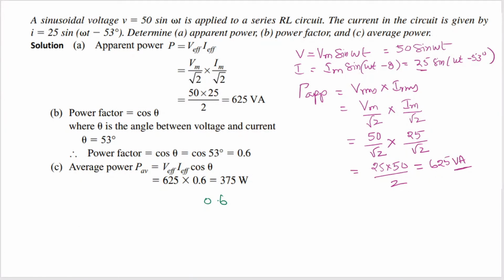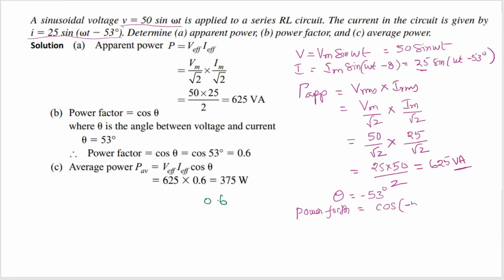Is it clear how I have written Vm and Im? Already it is given: v is equal to 50 sin omega t and i is equal to 25 sin(omega t minus 53 degrees). What is theta here? Minus 53 degrees. What is the power factor formula? Power factor is equal to the cosine of the angle between voltage and current, which is minus 53 degrees.